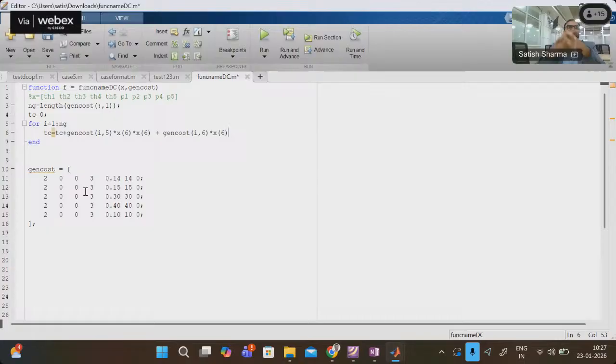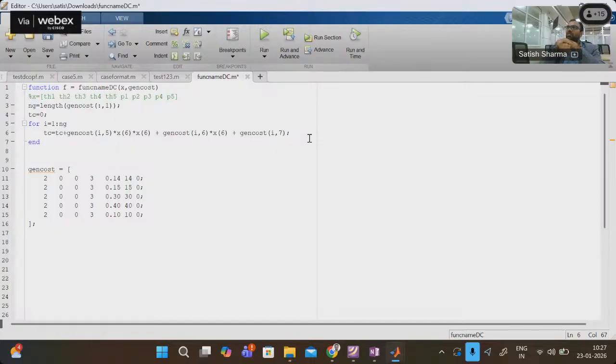Then I will put plus the complete term, and this constant is at the 7th location and is also equal to 0. This is how I can calculate it: if I apply this for loop over the number of generators, I will get the cost function.